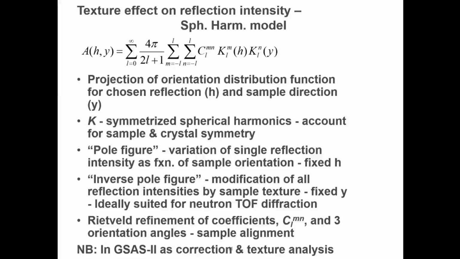And you say, what are spherical harmonics? Think atomic orbitals. It's the same math, except there's two sets of them. So think s orbitals, p orbitals, d orbitals, and f and all that jazz. Okay, it's the same functions. And these things are symmetrized to account for the simple symmetry of the sample and also the crystal system.